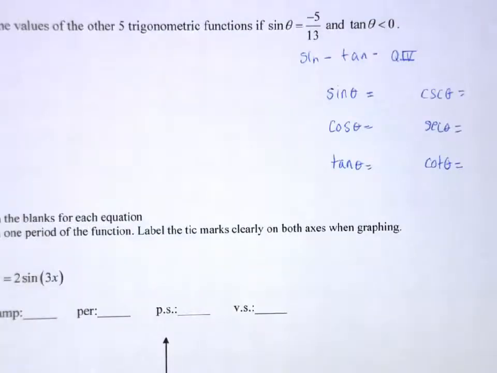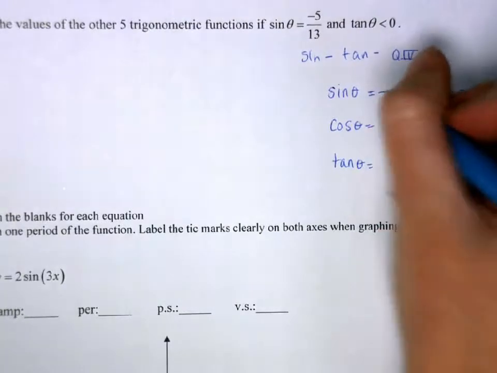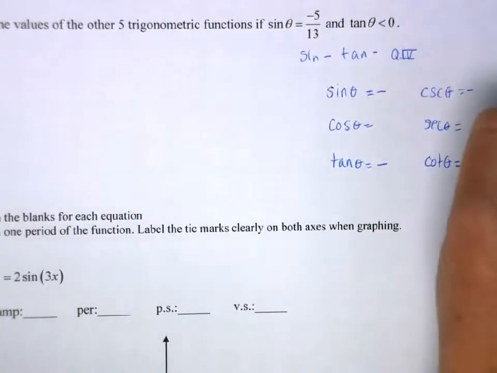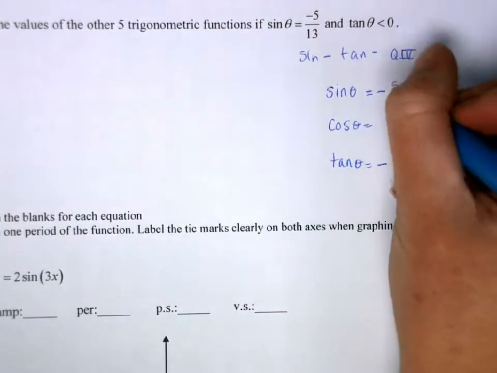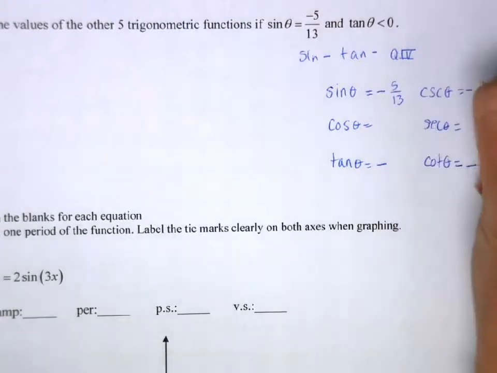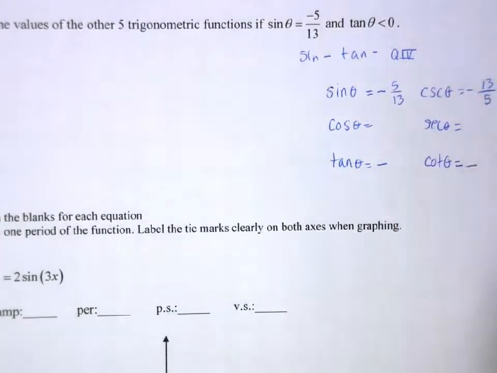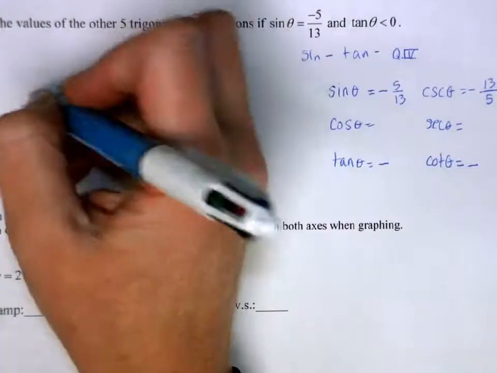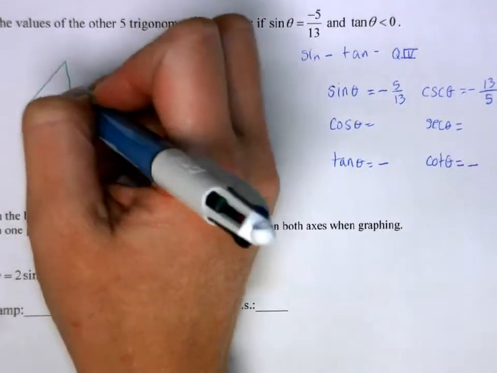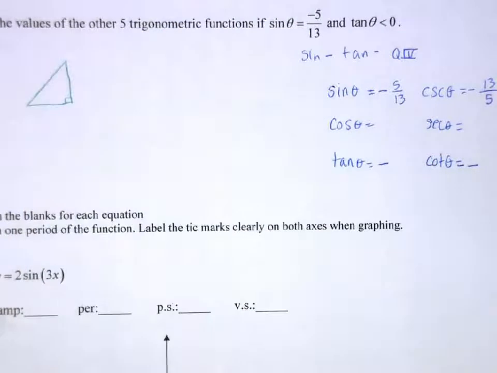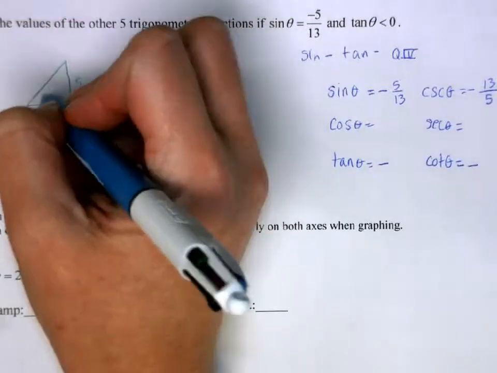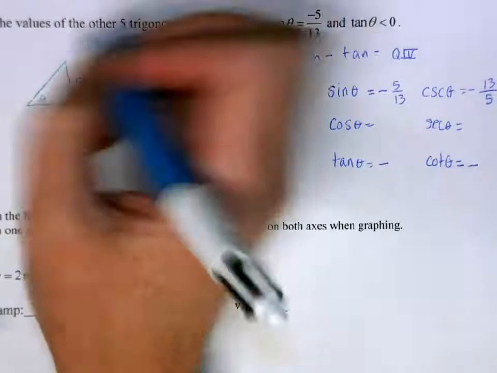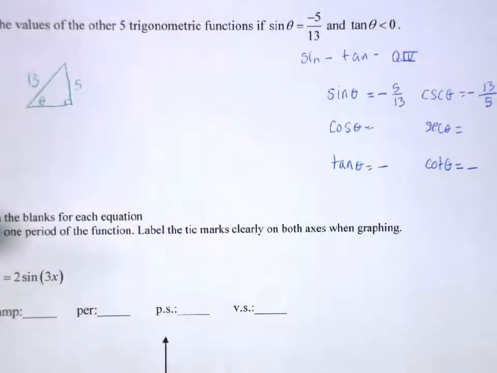Sine we know is negative 5 over 13, so cosecant is going to be negative 13 over 5. For the rest of these, I'm going to draw a triangle. Sine is opposite, so if theta's here, opposite would be 5, hypotenuse would be 13. Then, using the Pythagorean theorem, I can find the third side.